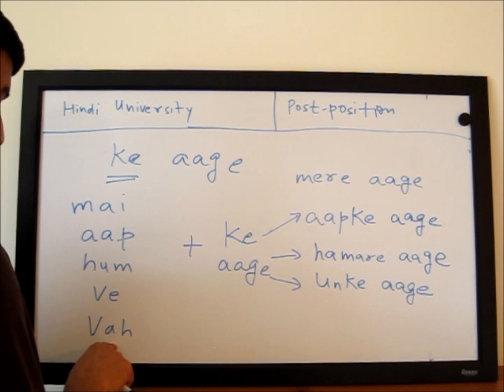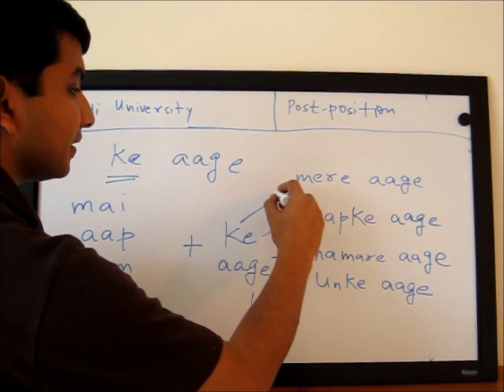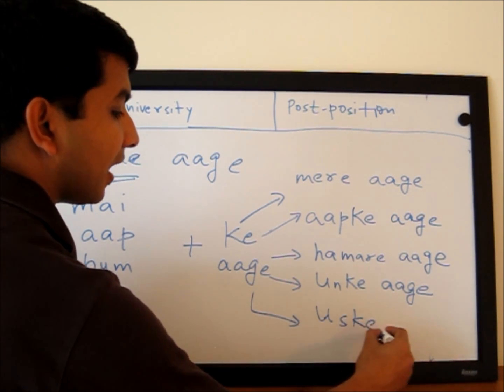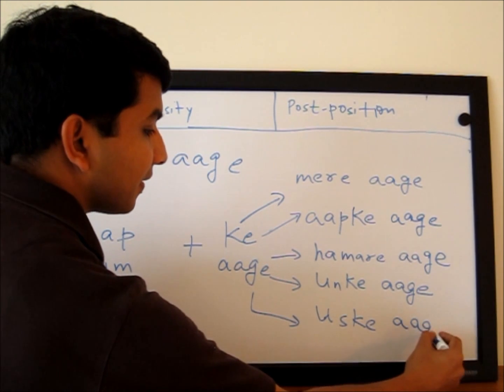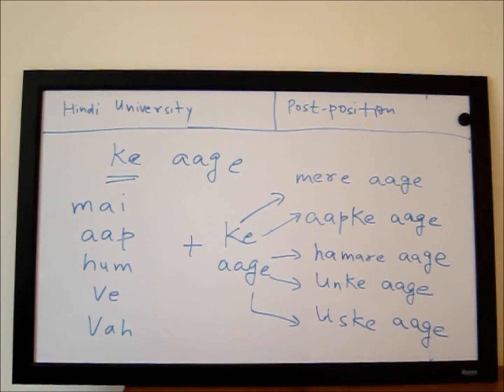Now it's singular, वह के आगे would be उसके आगे, in front of him or in front of her.